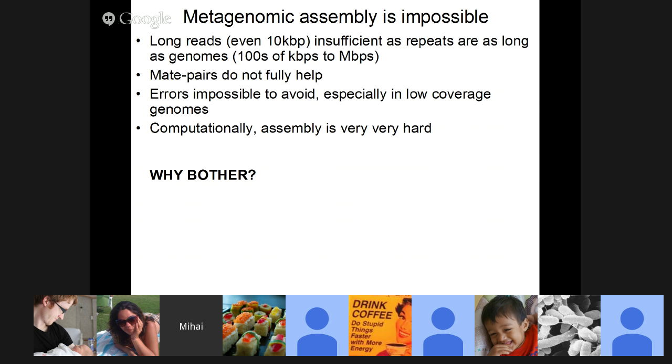And then to cap it all, a lot of the problems related to assembly are computationally very difficult. So you need large machines to solve this problem. You need lots of cores, and oftentimes you need to run the assembler for a long time in order to get a good answer. The question is, why would anyone bother with assembly then?